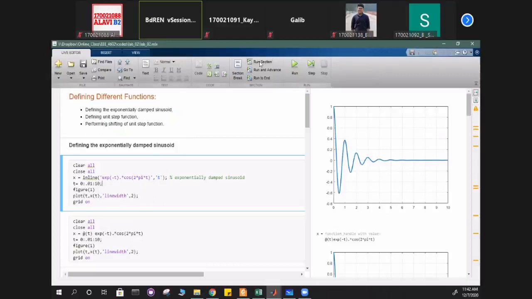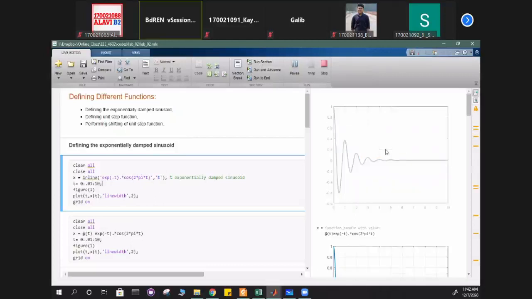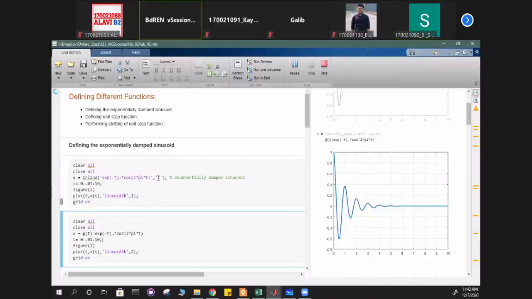If I run this, you can get the plot. Is it clear? Yes. What I'm trying to show you is that it is very simple to represent the equation and see the plot.